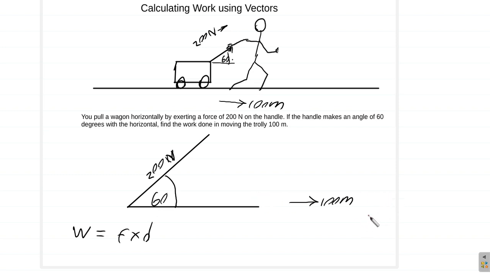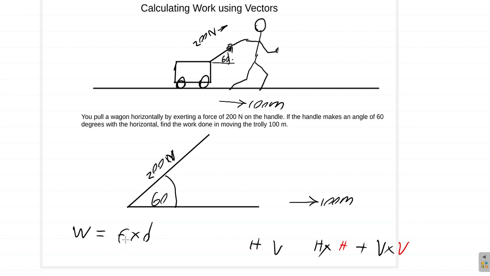So it's a vector. So you're really going to have to multiply a vector by another vector. How do you do that? Alright, what you're going to have to do is resolve each vector into its horizontal and vertical components. So one vector's horizontal will multiply the other vector's horizontal, plus one vector's vertical will multiply the other vector's vertical.